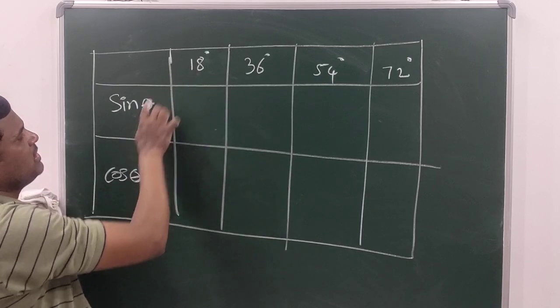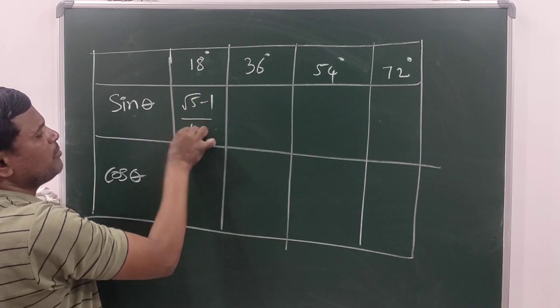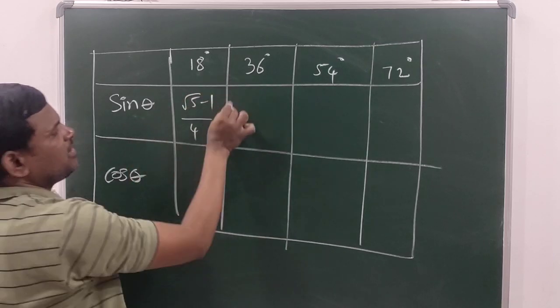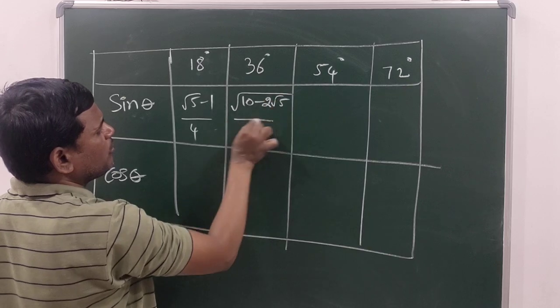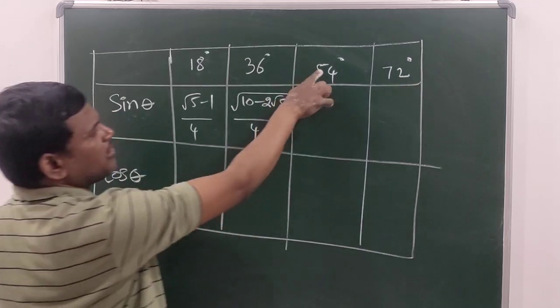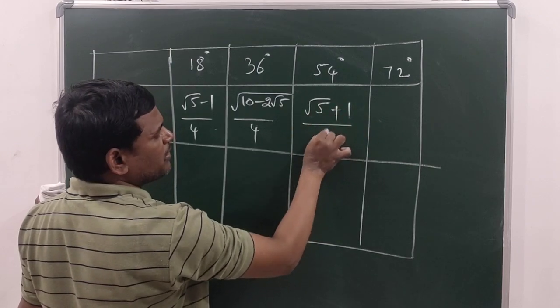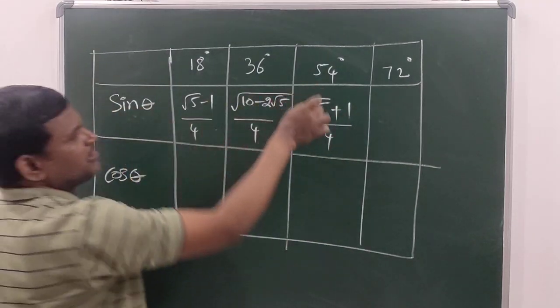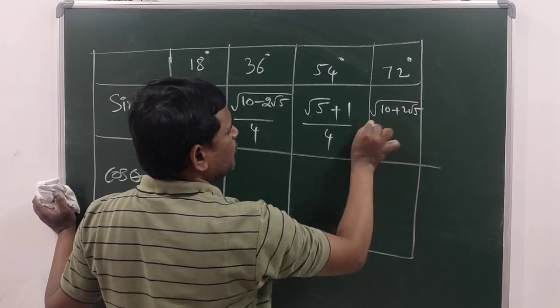Now sine 18 degrees: if you replace theta by 18, what you have got? Root 5 minus 1 by 4. And sine 36, square root of 10 minus 2 root 5 by 4. And sine 54, root 5 plus 1 by 4. And sine 72, square root of 10 plus 2 root 5 by 4.